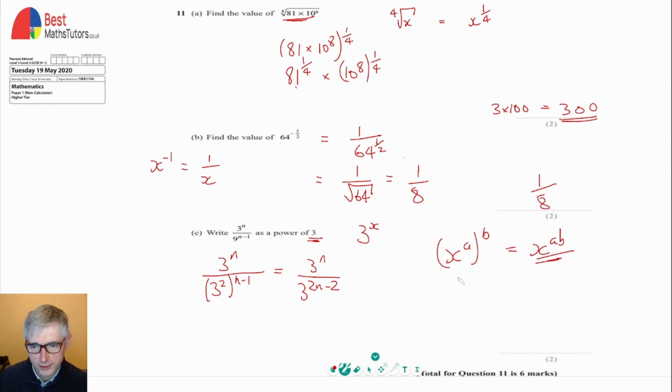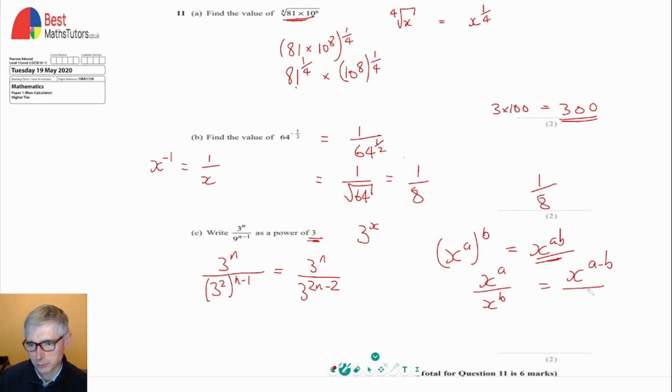Now the next rule I'm going to use is that if I have x to the power a, and that same thing to another power in the denominator, I'm dividing x to the a by x to the b, and I can subtract the powers, so that becomes x to the a minus b.